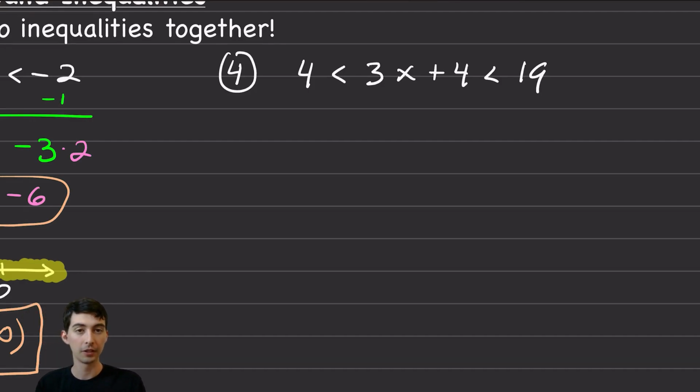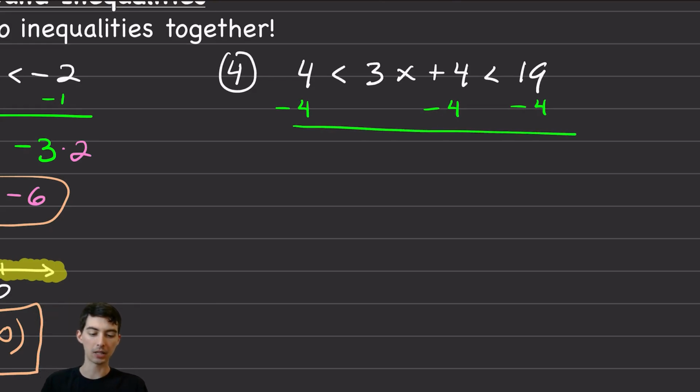The first thing I want to do is subtract this 4. When I do that, obviously these 4's cancel out here. But what I do to one side, I need to do to the other side. Here we have 3 sides, so I'm going to take this minus 4 and do it on all three parts of my inequality. On the left, 4 minus 4 would give me 0.